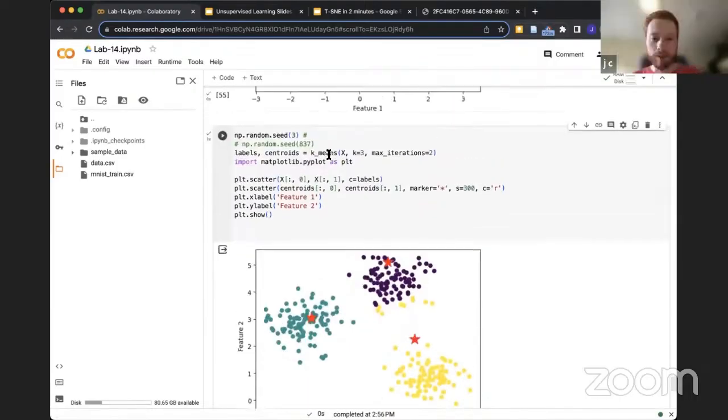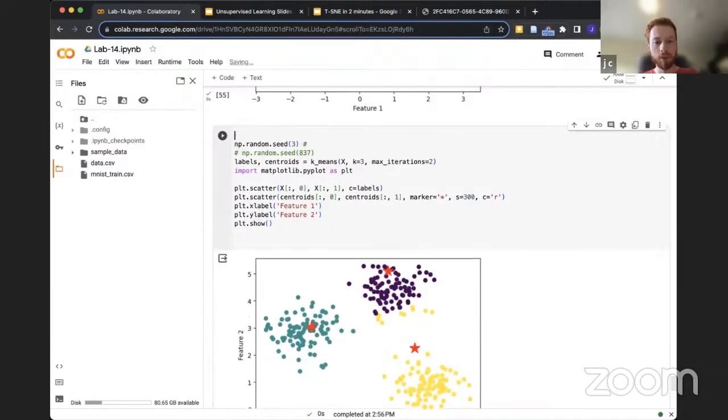Yes. Put this into a for loop. Let's look at 4 iterations.